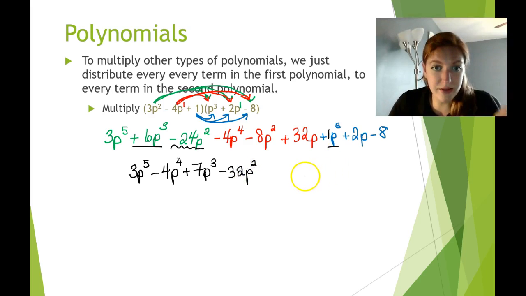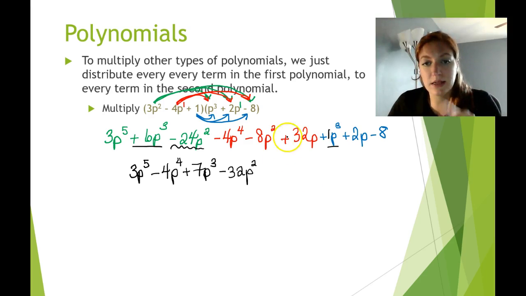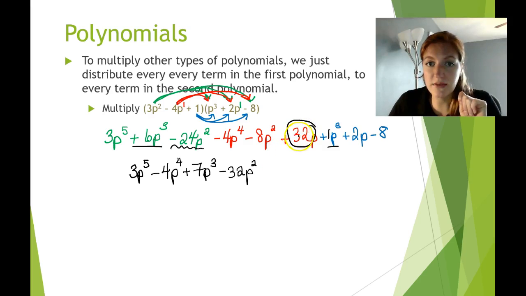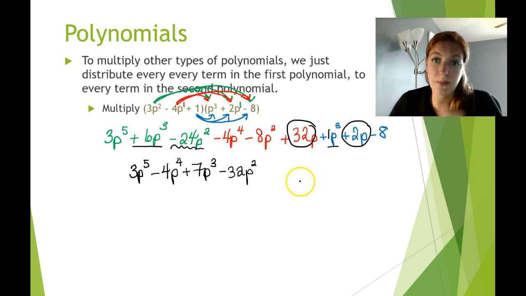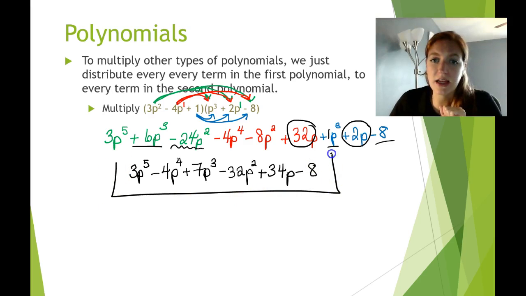So we've got our p to the fifth, p to the fourth, third, second. Okay, let's do just p. So that's a positive 32p and a positive 2p that we're combining to give us a nice 34p. And last but not least, don't forget about that minus 8. Boom, we are done.